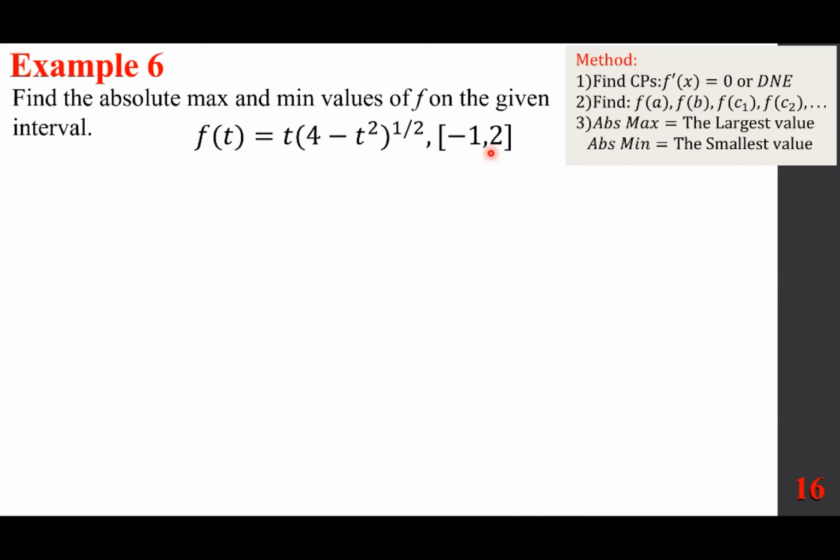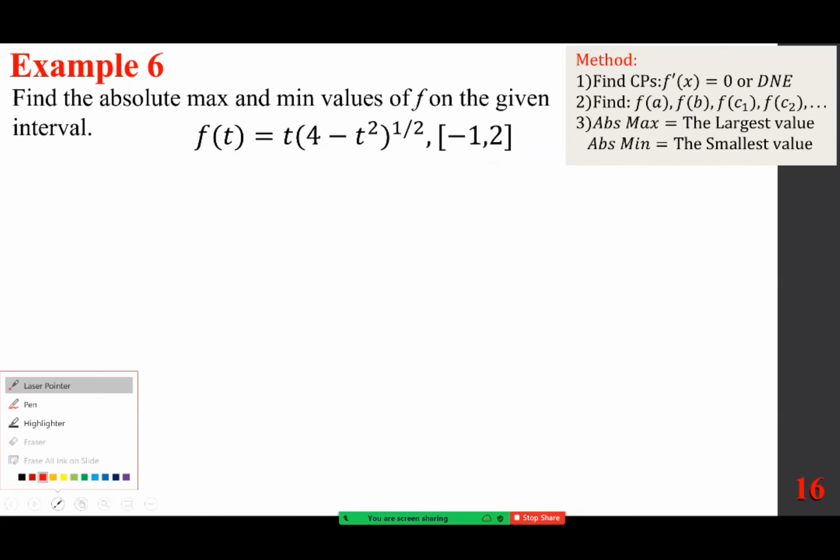If we were to rewrite it, I want to make sure we understand what we have here. f of t is t times the square root of 4 minus t squared. So what is this?